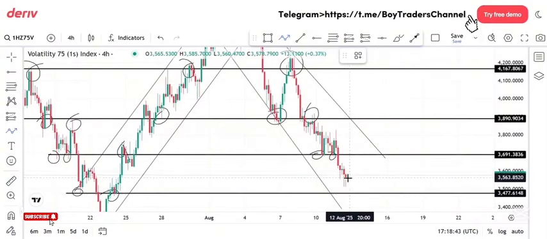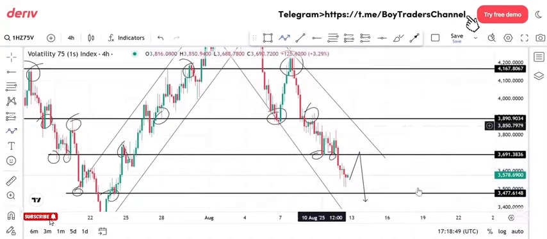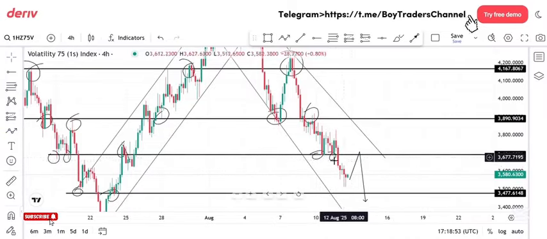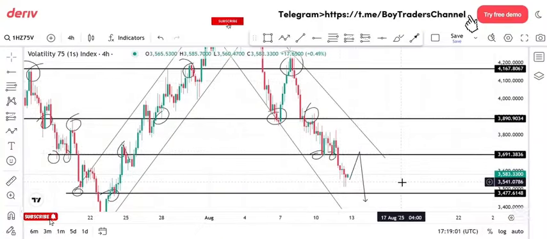Yeah, so having this level identified, we could see price push up here for a sell continuation, working with the market structure, and having this level of support that got broken, which is likely to turn to a level of resistance if price can give a retest of it. Because of the market structure, we have sell possibilities.